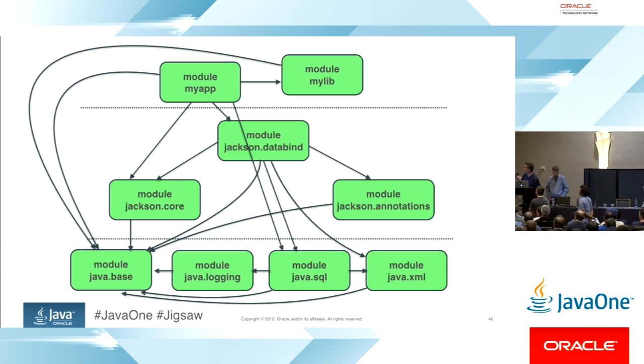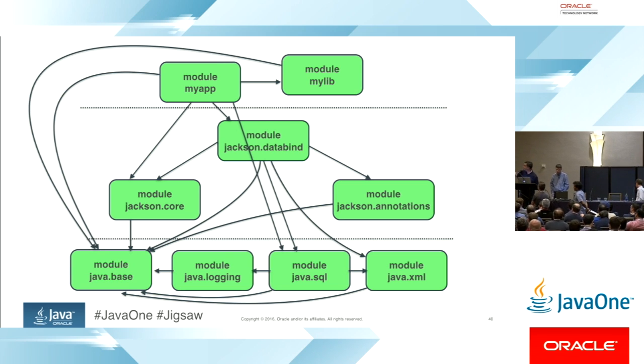Yes. So data bind is using core reflection to access the exported classes from my app. My app passes a class object to data bind. That's in the data bind API, and that means the code in data bind can reflect over it, as long as that class is exported from my app.